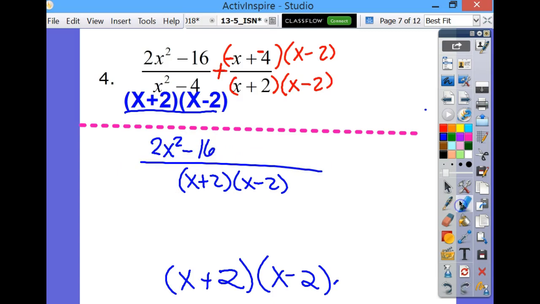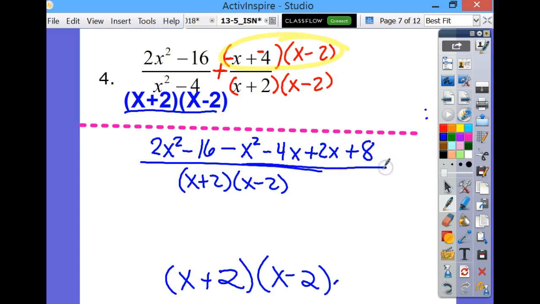Okay, what do I do with this? You either have to FOIL it or use a box problem. You have to multiply it out with either FOIL or a box problem, and that's what you would get.